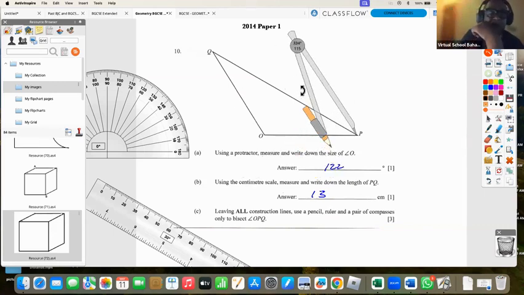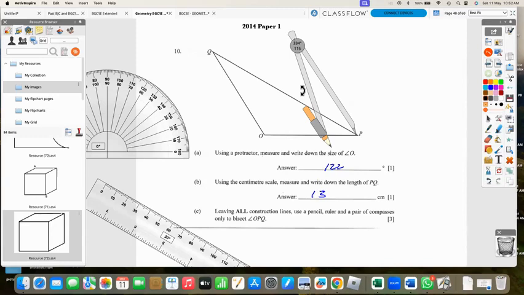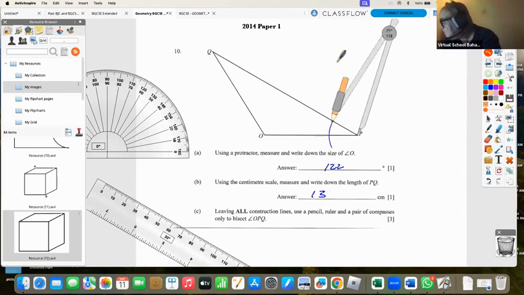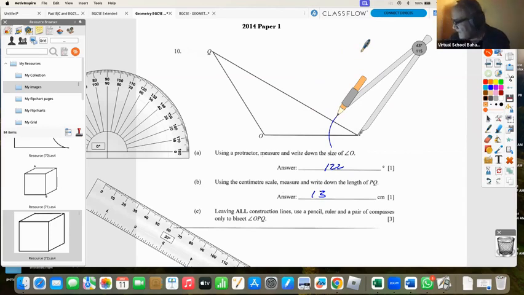Okay, I'm going to call on Alyssa. You already have a point at P, then you draw the arc to bisect it. I draw the arc to cut the 2 lines that make the angle.